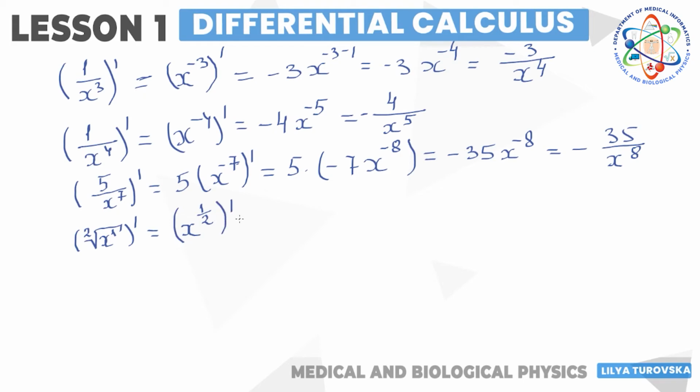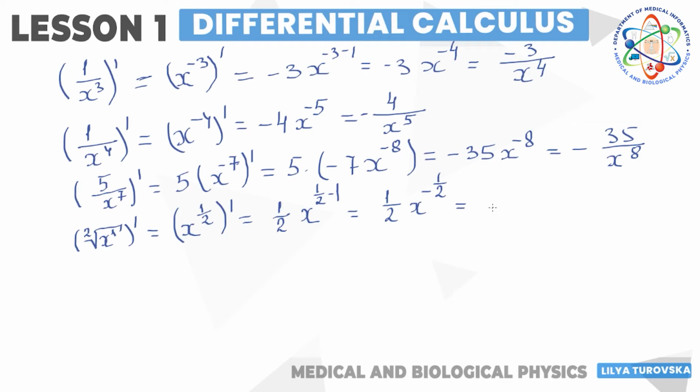And now again we use the same power rule. 1 over 2 moves to the front, and what do we get? We have x to the 1 over 2 minus 1. Half minus 1 is negative half, negative 1 over 2.